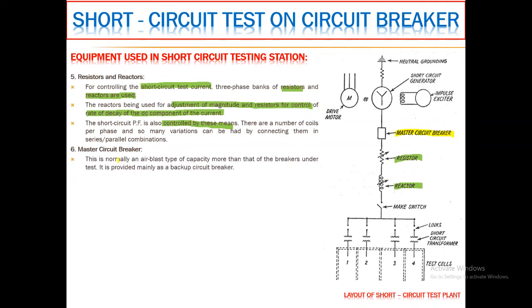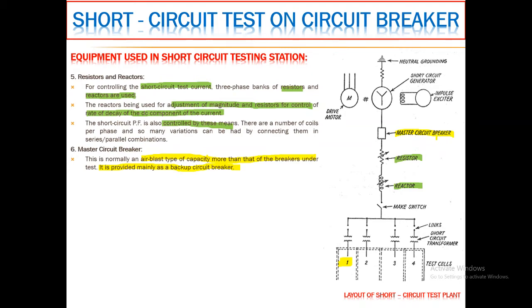This is normally the air blast type with capacity more than that of the breakers which are under test. So it is provided mainly as a backup circuit breaker. If during the testing the circuit breaker under test fails to operate or fails to break the circuit, the master circuit breaker has to operate.